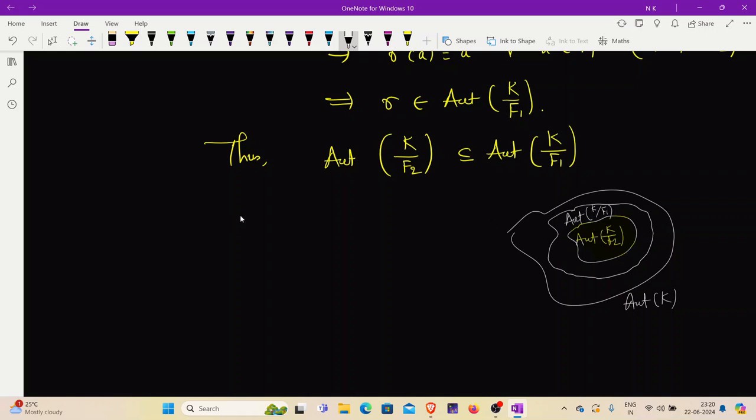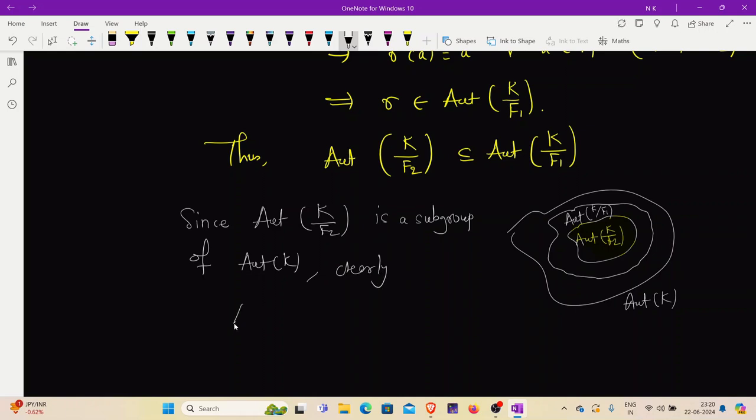Okay, so we can write that since Aut of K over F2 is a subgroup of Aut of K, clearly Aut of K over F2 is a subgroup of Aut of K over F1. That's it. So this is the first fact that we have established now.